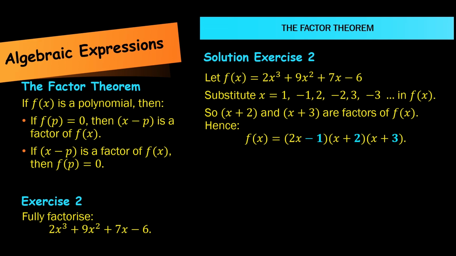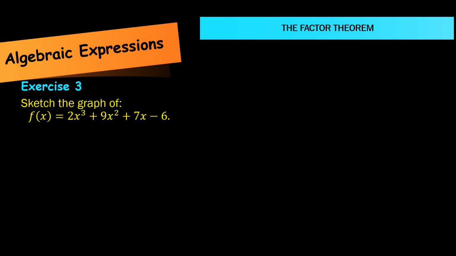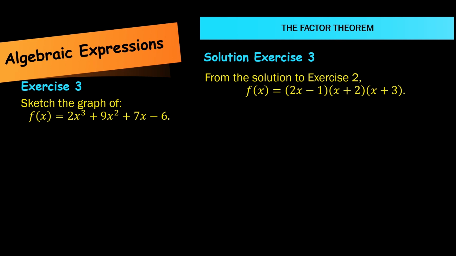Now let's have a go at another exercise. Sketch the graph of the polynomial shown on your screen. So let's solve this. Notice that this polynomial is the same polynomial which was fully factorised in exercise 2. Therefore, from the solution to exercise 2, we have that f of x is equal to the factorised version as shown.